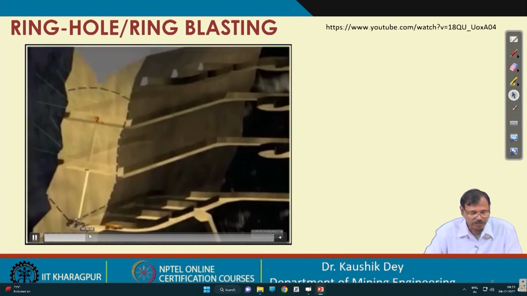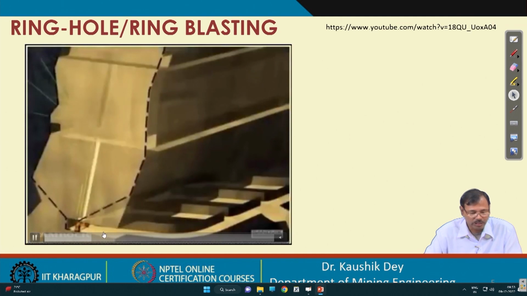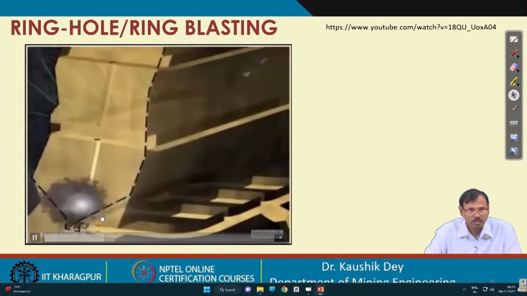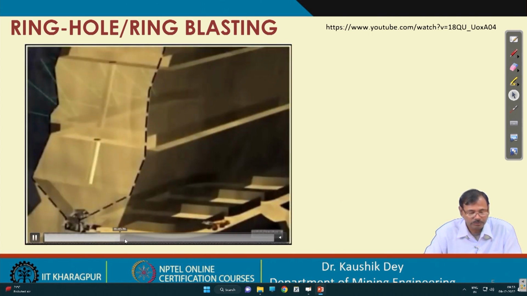Then the other holes are drilled. You can see the slot is made and the other holes are being drilled in a ring pattern. As it is drilled in a ring pattern, it is then blasted.